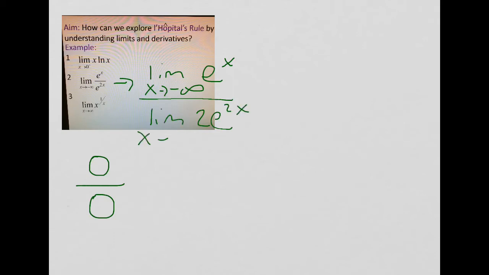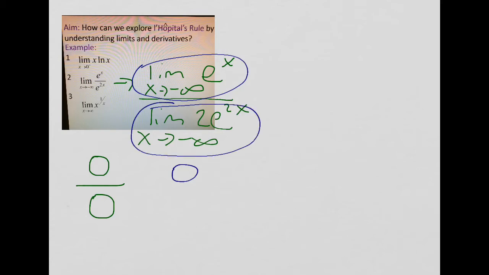So we tried to do L'Hopital's rule, and I say tried because now we end up with the same sort of situation. We get 0. Even over here, e to the 2x, as x approaches negative infinity, is 0 times 2, still 0. So it seems like L'Hopital's rule is not working. In the last lesson, I told you to do it a few times.